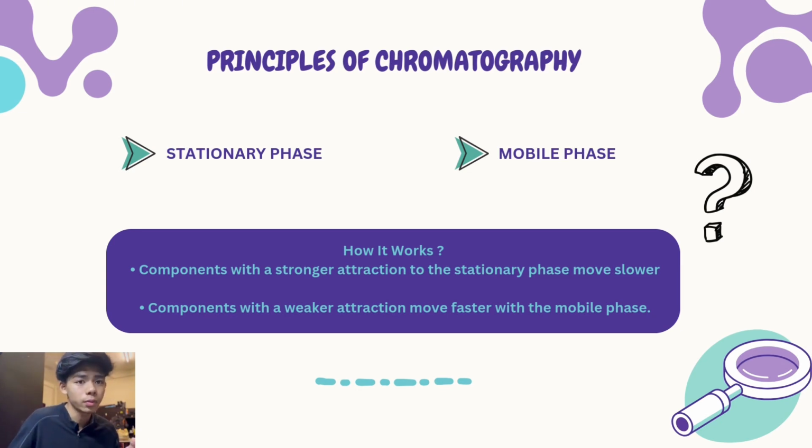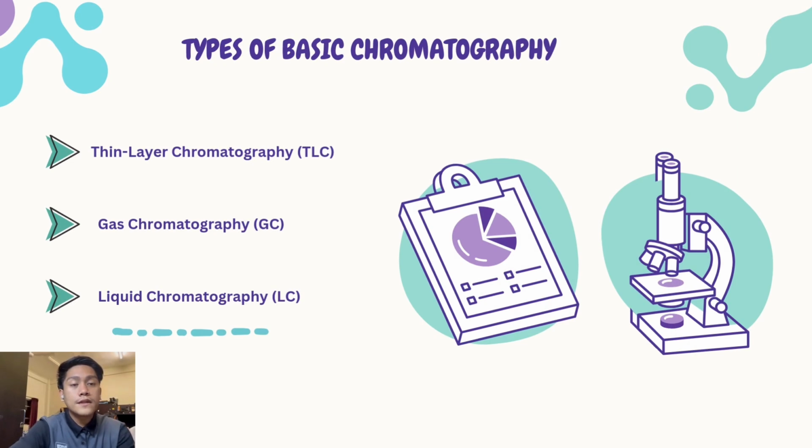The stationary phase is the fixed part of the system, while the mobile phase is the one that moves. Components with a stronger attraction to the stationary phase move slower. On the other hand, components with a weaker attraction to the stationary phase move faster as they are carried along by the mobile phase.